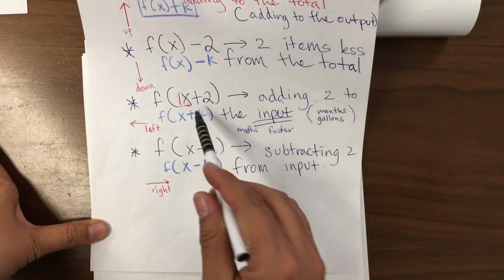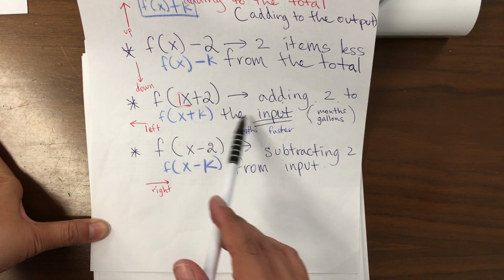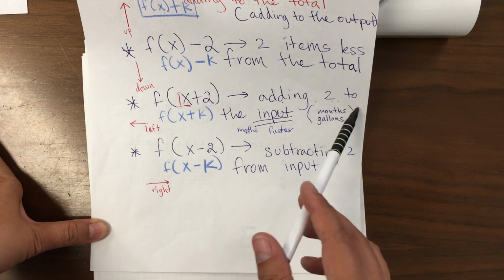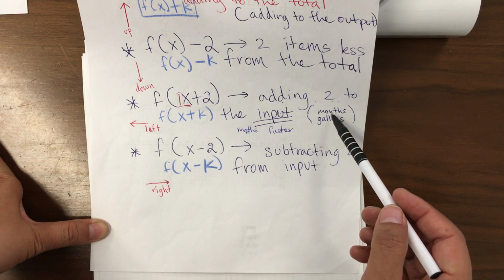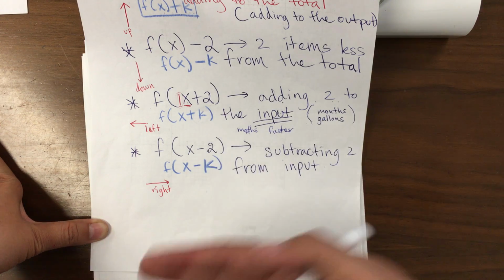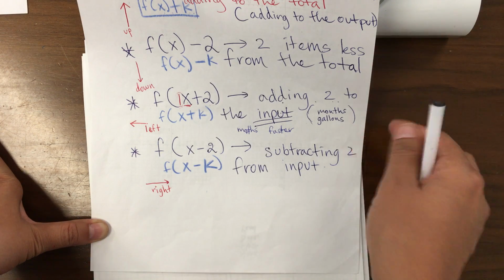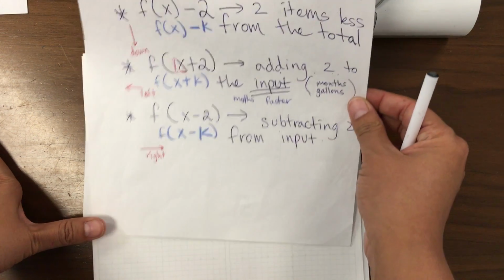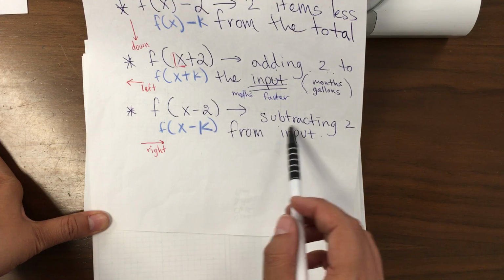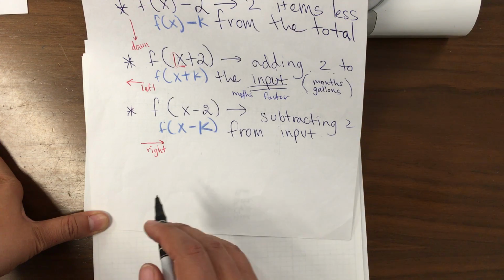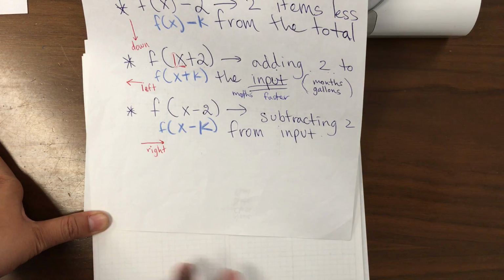If you add 2 inside of the parentheses, that means that you add 2 to the input, means that you are 2 months ahead. Okay, either with payments or obtaining shirts. And if you subtract 2, that means that you're subtracting 2 months, so you're 2 months behind.